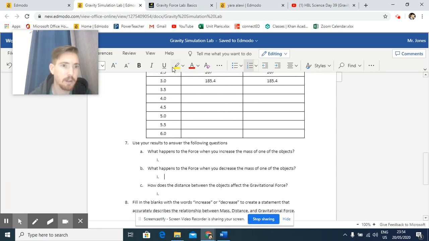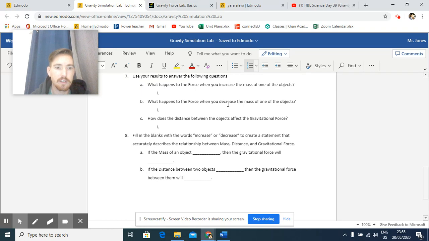If this gets smaller, what happens to this? How does it affect? Okay. And then here you're just going to fill in the blank. If the mass of an object increases or decreases, then the gravitational force will increase or decrease. Which one? Which one? Same here. Okay. You have a word bank, and there's 2 words in the word bank.